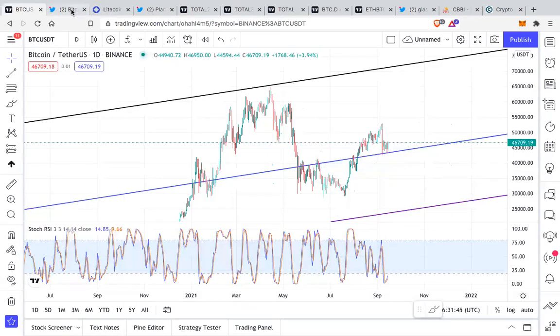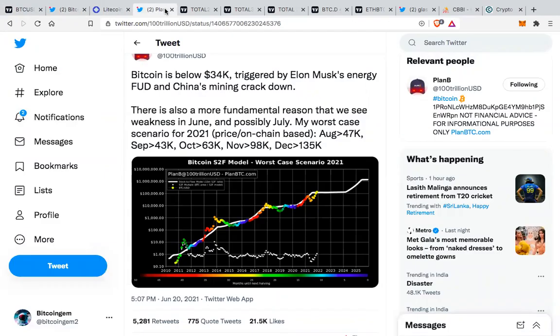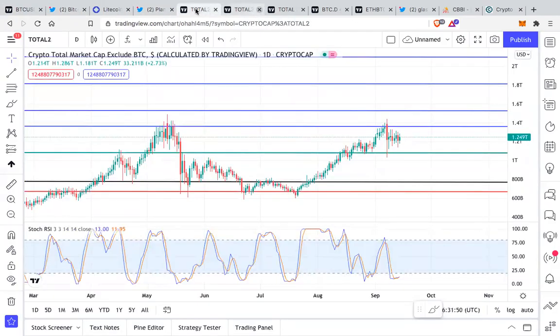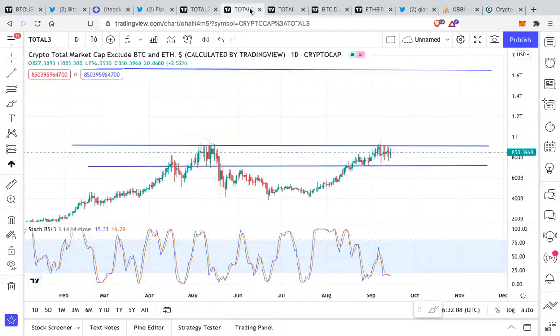So this is something very important that I wanted to share. I think you should not fall for the trap if you think the market is full on bearish. It's not bearish according to any data that we have seen right now. And we have seen multiple data. We have seen multiple charts in this episode. So in my opinion, it is not bearish at all.